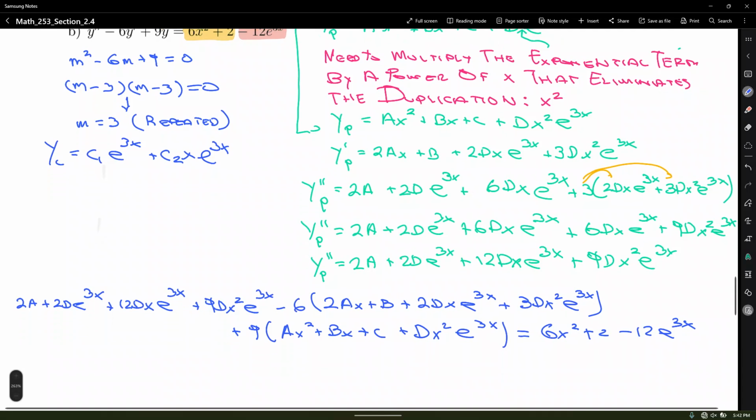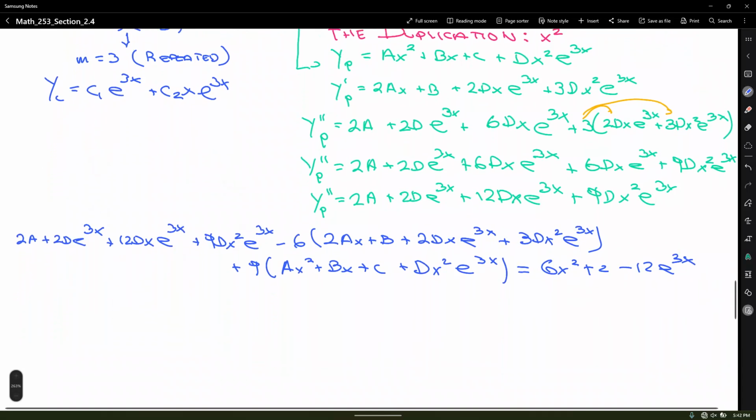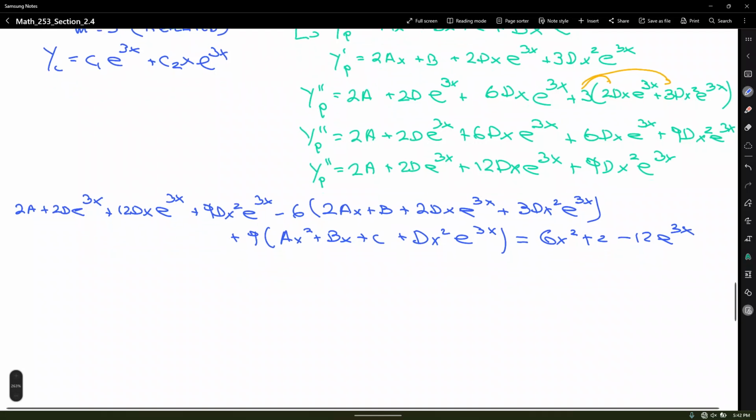Okay, let's distribute and combine any like terms whenever possible. So the first four terms remain the same. 2a plus 2d e to the 3x plus, this is not 120, this is 12dx e to the 3x plus 9dx squared e to the 3x.